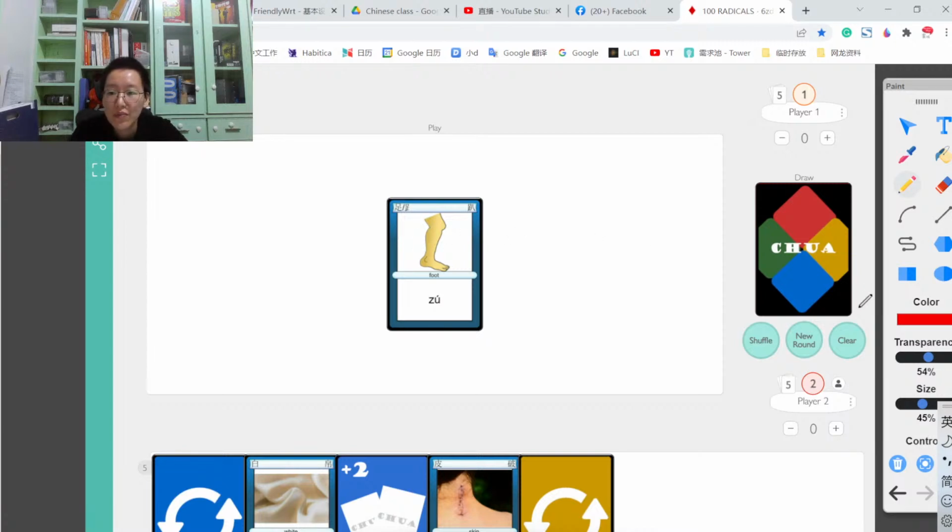For example, this one is the radical, the left part, we call it 足. It means foot. 足, you will see the picture also helps you to remember the radical form. So this right part is 八.